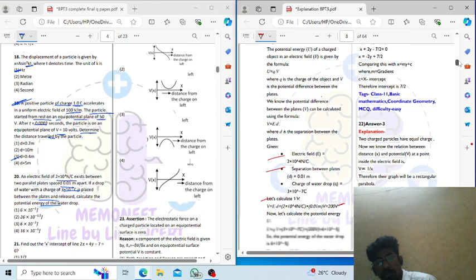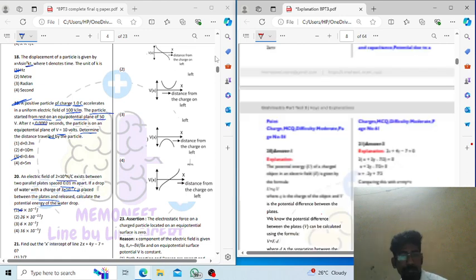This is the first coordinate. Just do this thing. Y equals Mx plus C. If you take this here, C is minus 7, and X will be minus 4 by 2, that will become minus 2.